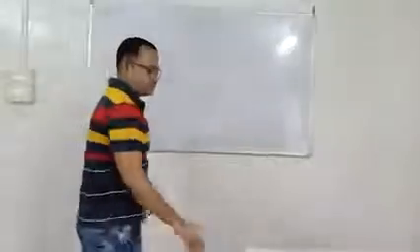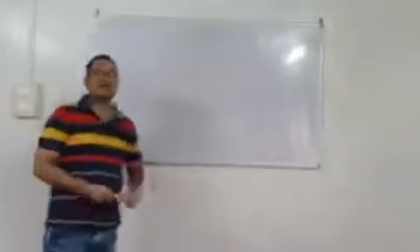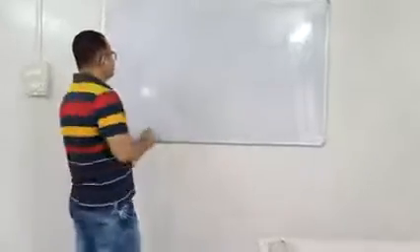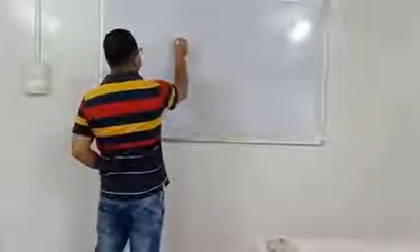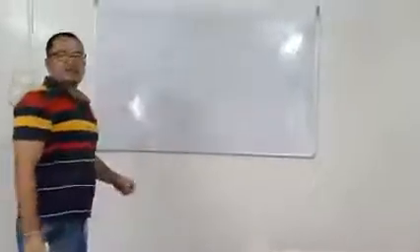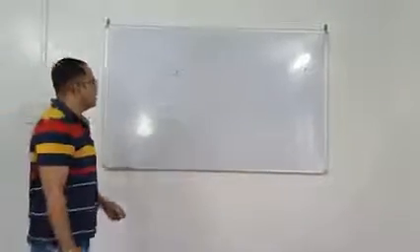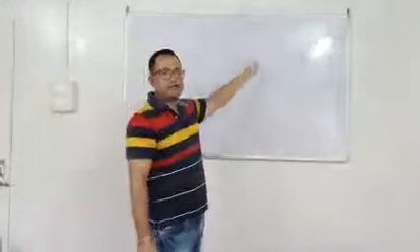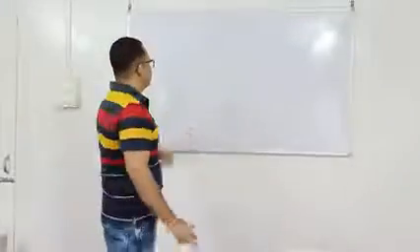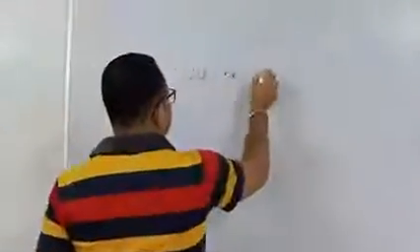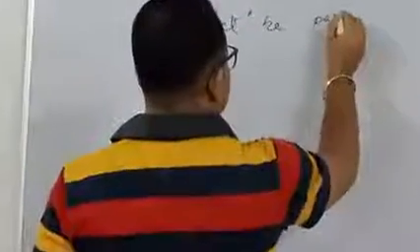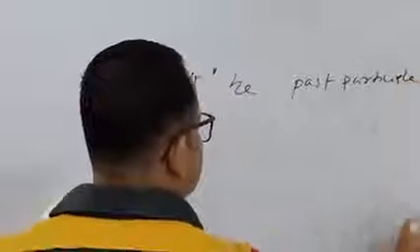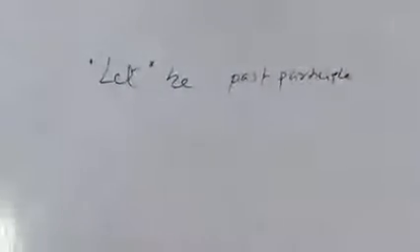The things we are supposed to apply in such sentences are, first of all, we have to use let at the beginning of the sentence, and then we have to bring the object into subject position, and then we have to put be, and then the past participle form of the verb.